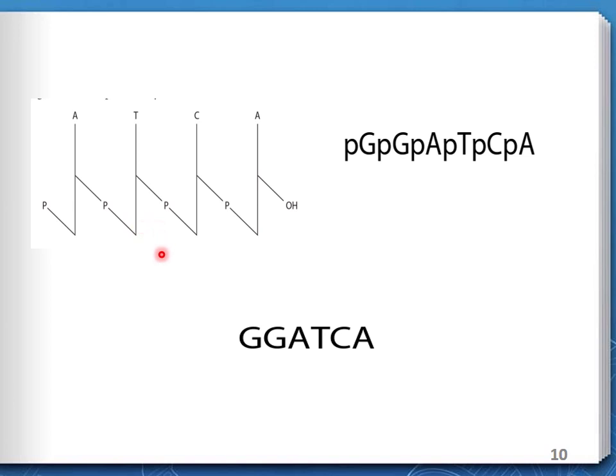The phosphate group also doesn't change. In DNA or RNA, the changing part is the nitrogen base. So we can write only the nitrogen bases to represent the genetic code, like guanine, adenine, thymine, cytosine, adenine. This is a small example of a DNA strand.